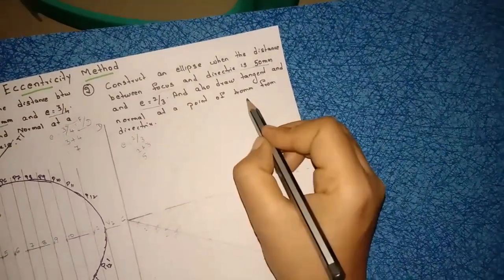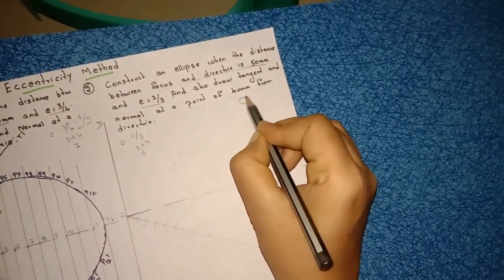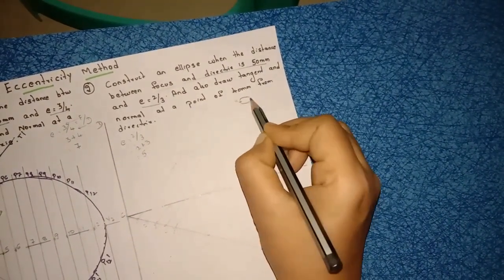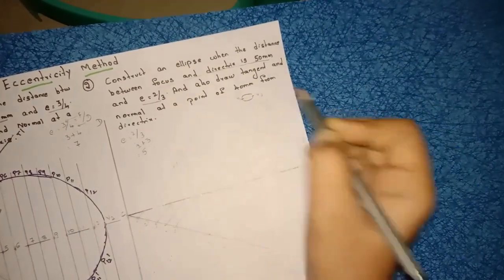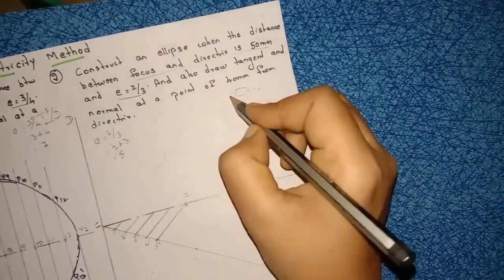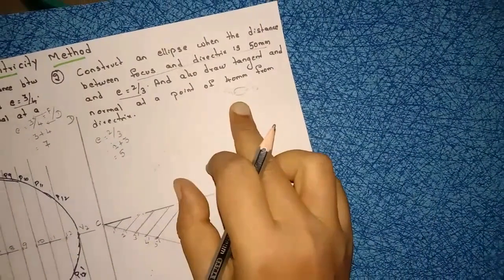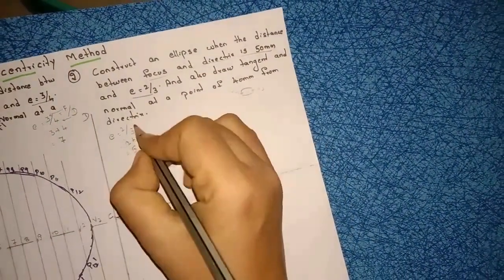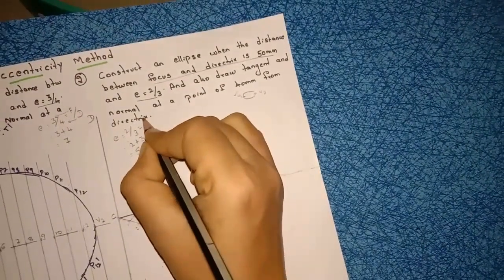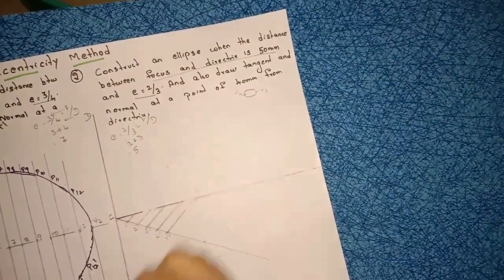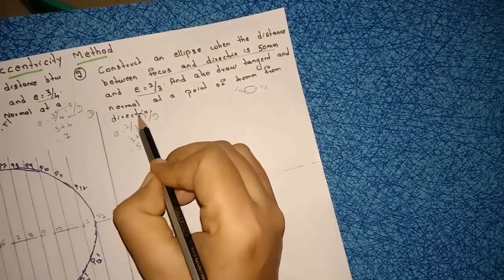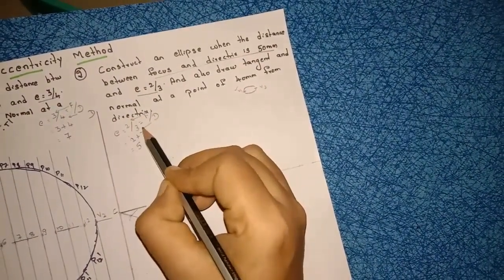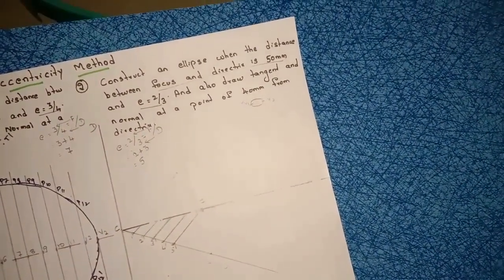Now an ellipse is a closed curve having vertex V1 and vertex V2, right? First I want to mark V1. How to mark V1? V1 depends on the E value. What is the definition of E? Eccentricity is focus by directrix, right? So from the focus you mark the second point, from the directrix you mark the third point.